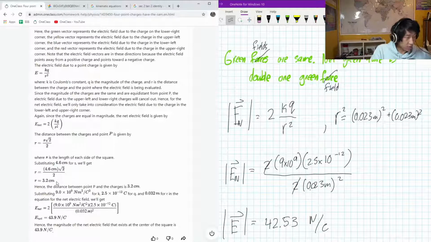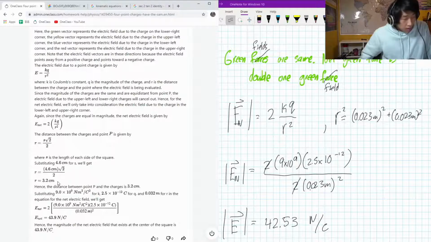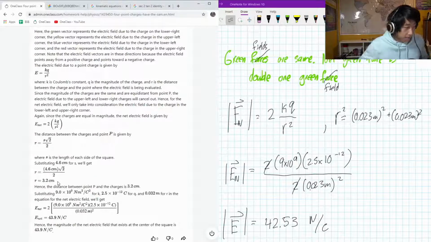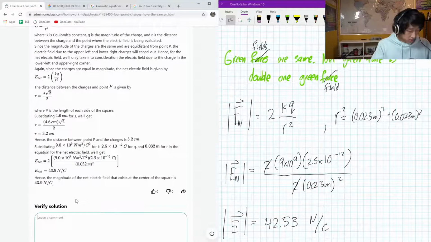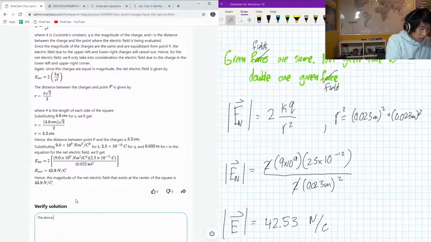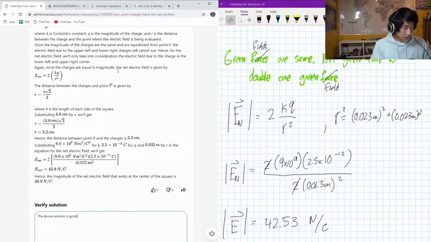Most likely it's just a rounding error with the calculation of R, but yeah, same ballpark. So the solution is good. Awesome. Above solution is good. Good job.